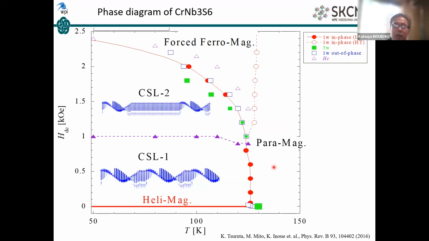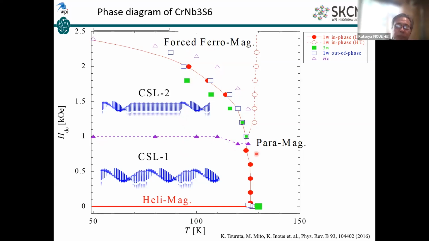At TC, 130 Kelvin, they go to the helical magnetic structure, a long range ordered chiral helix state. If we apply the magnetic field perpendicular to this compound, they go to the chiral spin soliton lattice state, and finally to the forced ferromagnetic state. This dashed line is not a phase boundary; sorry, it is just for the eyes.